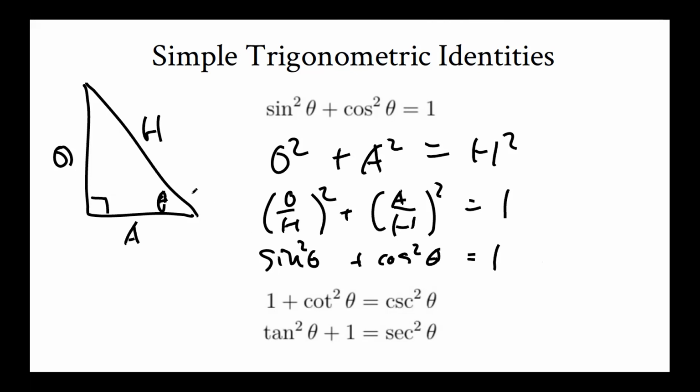Okay, so that's how we can prove this identity. And the way we get these two is by dividing both sides by either sine squared or by cosine squared. So if we divide by sine squared, we get this one. If we divide by cosine squared, we're going to get this one, I think.